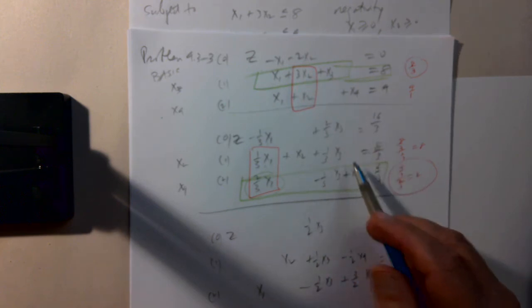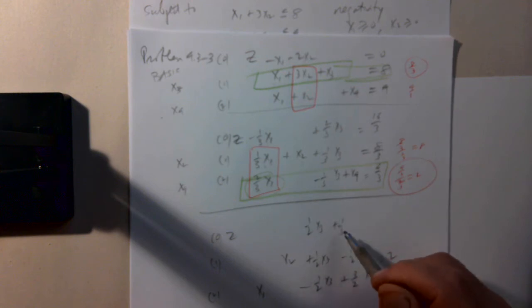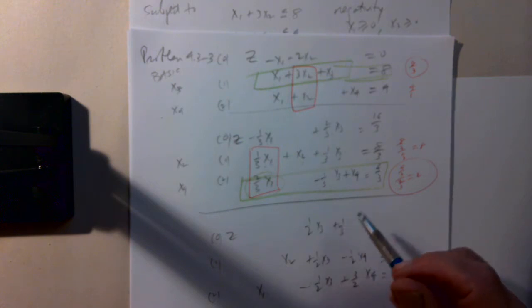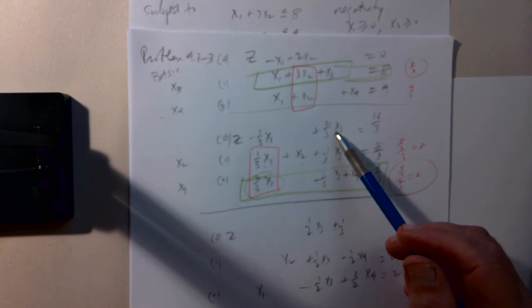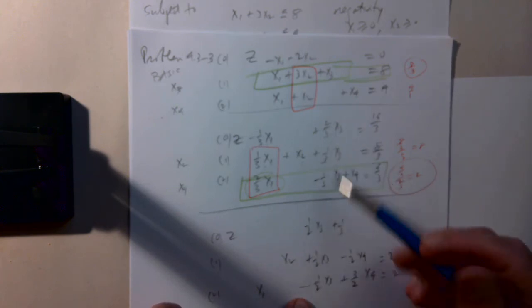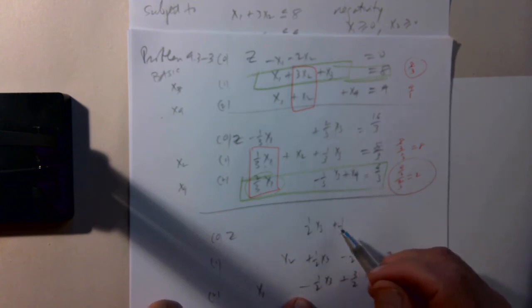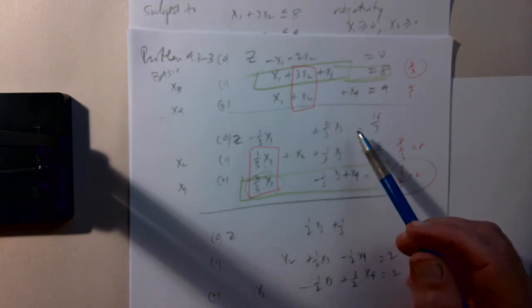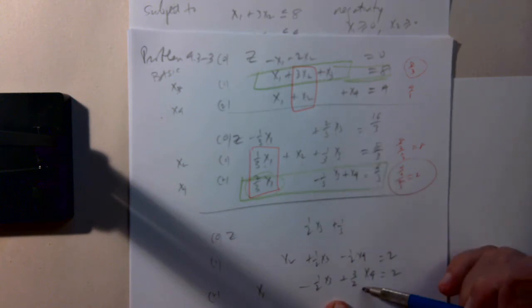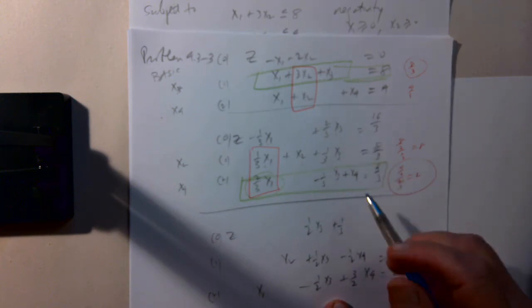0 plus 1/3 x4 is 1/3 x4. Oops, let me just double check. 2/3 x3 plus 1/3, that's minus a 6. 2/3 minus a 6 is 1/2, that's right. 0 plus 1/3 x4 is 1/3 x4.